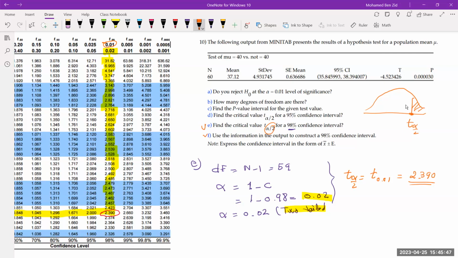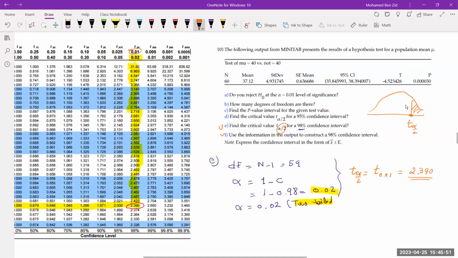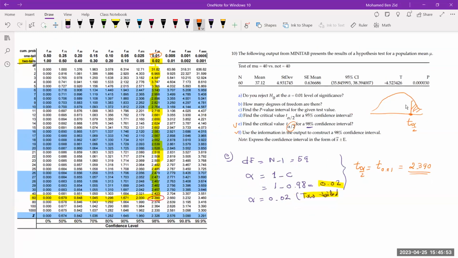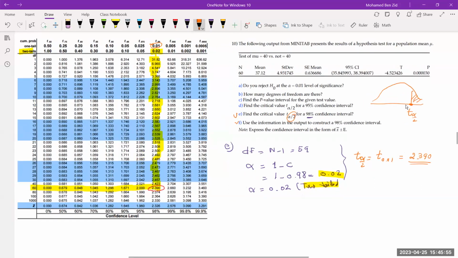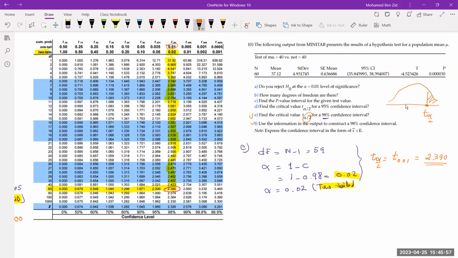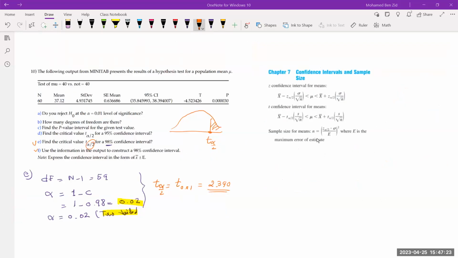Finally, F, they wanted to use the information to output the construction of the 98% confidence interval. All right, so for the confidence interval, probably I should get to the formula. Give me a minute. Slightly different. All right, so the formula is right here. This is the confidence interval, and this is the formula that you are using for the T value, right?